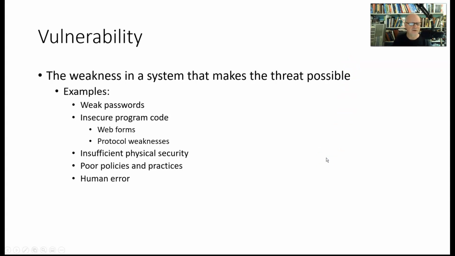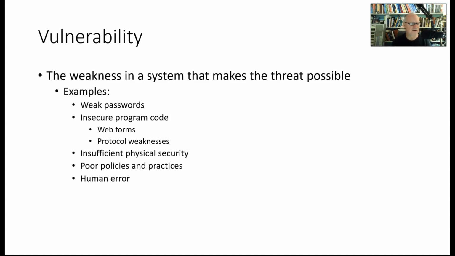Vulnerability is simply a weakness in a system that makes that threat possible. A weak password is a vulnerability. Poor programming is a vulnerability. This often occurs in web forms that are not properly put together so that there are ways to penetrate a system through a web form. Protocol weaknesses. So, for example, the DNS system has certain weaknesses in it that we have to shore up and use other methods in order to make it stronger.